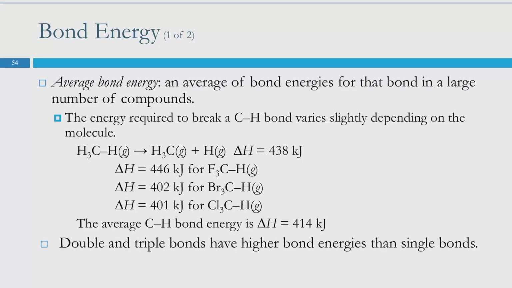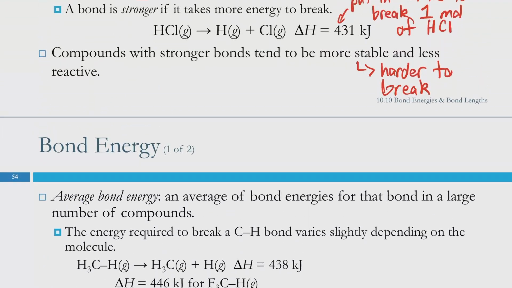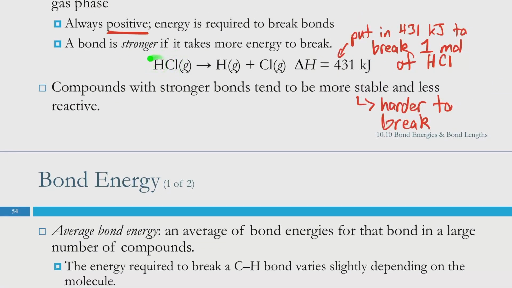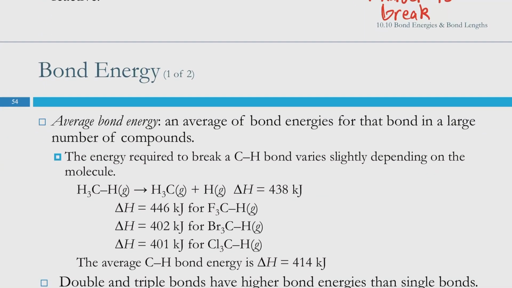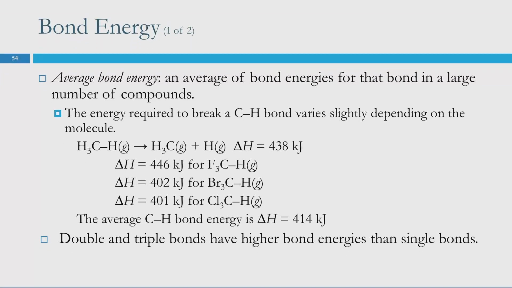You can calculate the bond energy for specific scenarios, like for the HCl. You can get a bunch of HCl as a gas, and you could shoot a bunch of energy at it and figure out that you've broken all the bonds. And you can calculate that delta H for that exact specific scenario. But it's a little bit harder to do that in some cases, especially if there's multiple bonds. And so average bond energy is very helpful. So the average bond energy is just an average of bond energies.